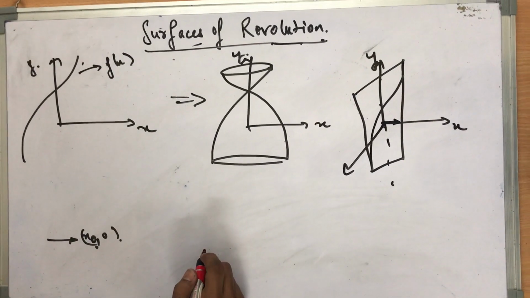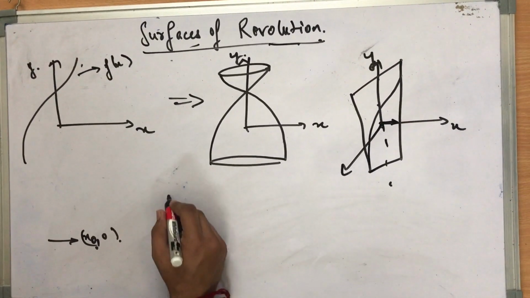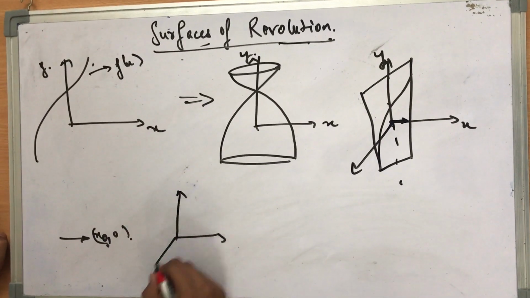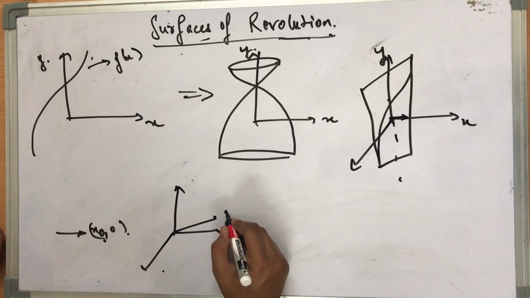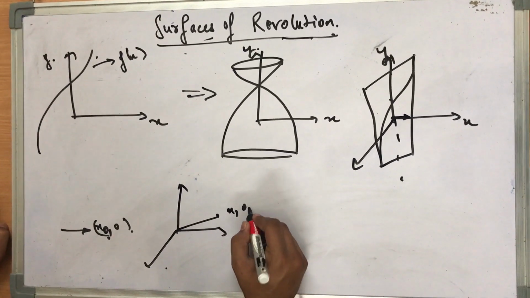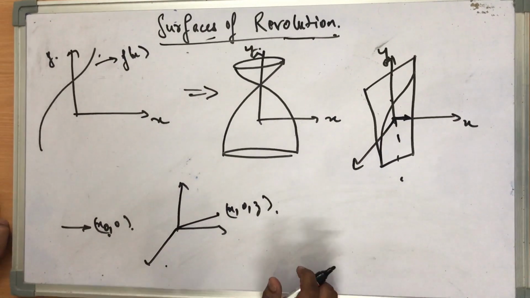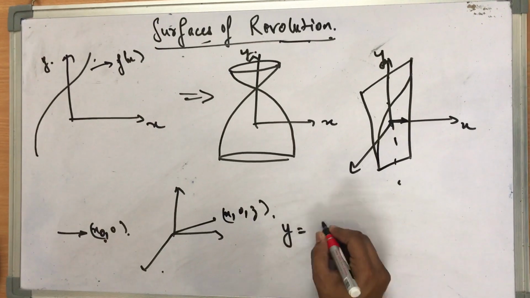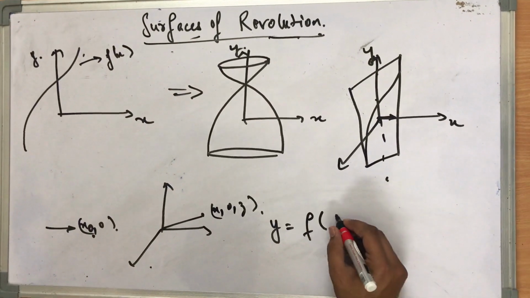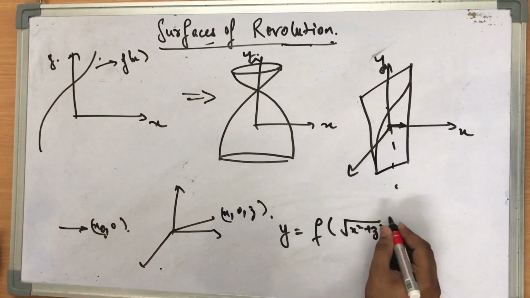At every plane, this point can be a vector contained in this plane, pointing towards (x, 0, z), and the magnitude of this vector gives the height y. So basically height y is f of root of x square plus z square.